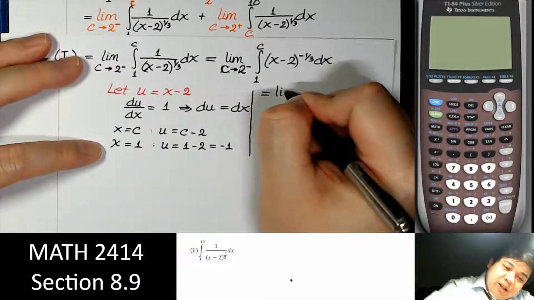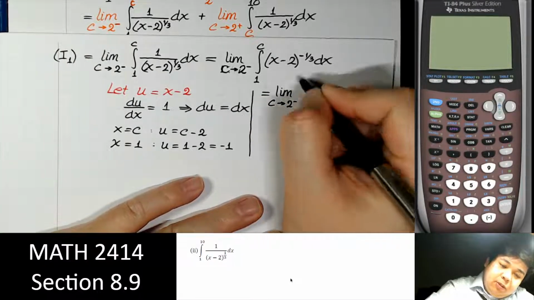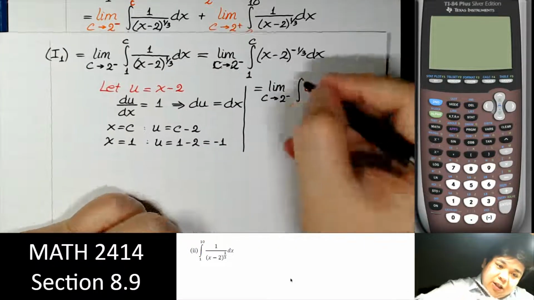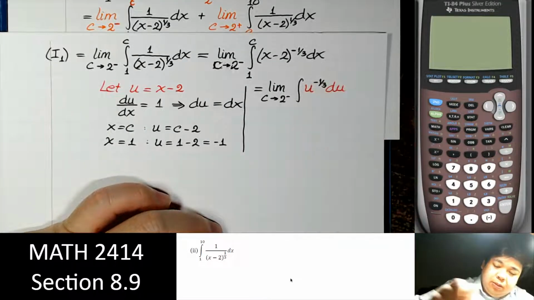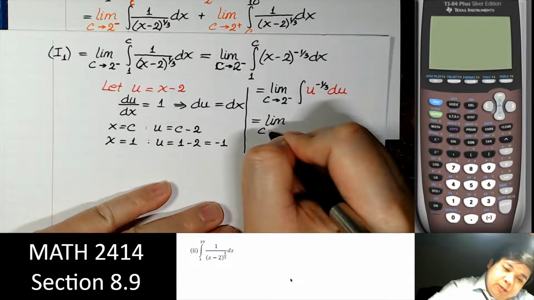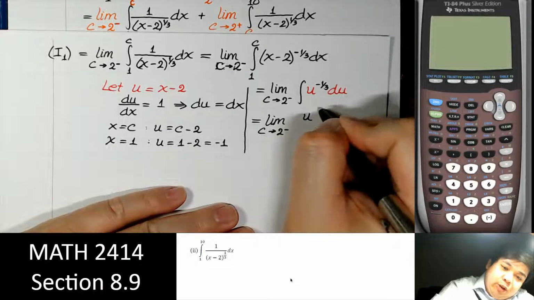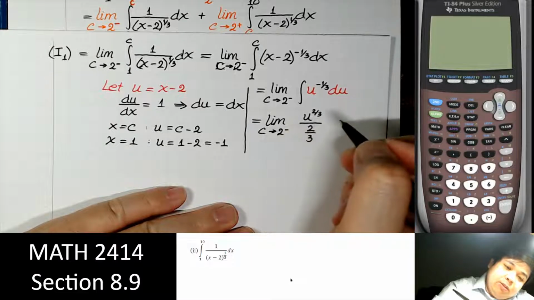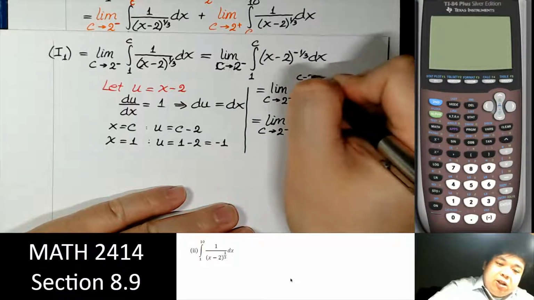Put it back into this limit. x minus 2 is u, to the negative 1/3, and dx is du. So we integrate: u to the 2/3 over 2/3, with limits negative 1 to c minus 2.